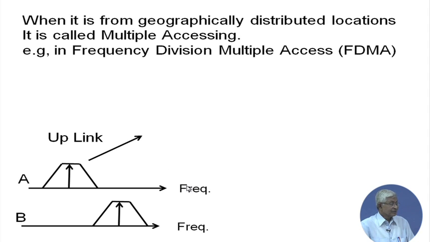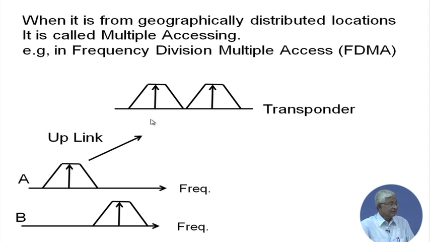So, it is going to the satellite, and at the transponder, since they are band-wise slightly separated, they appear one after another in terms of frequency. Say this is the total bandwidth available at the transponder, and it is being shared by two users.